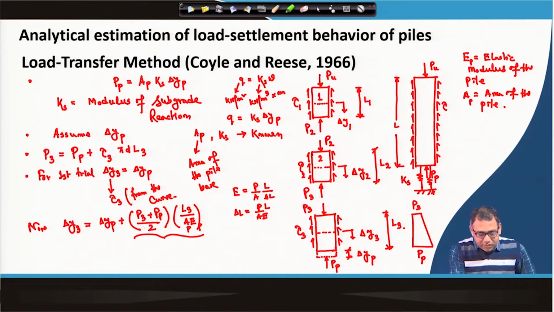So now P 3 is known, P p is known, L 3 is known, A p and E p are known. So, we will get a new value of del y 3, because the initial trial is done and we put those values here, with del y p already assumed.